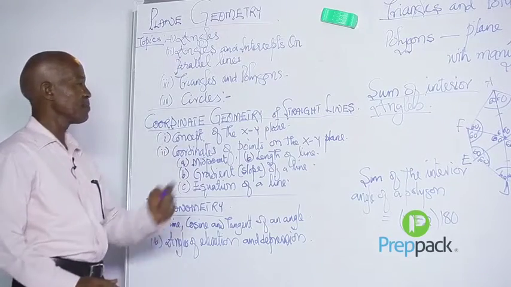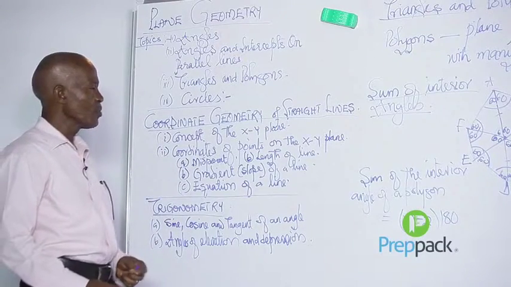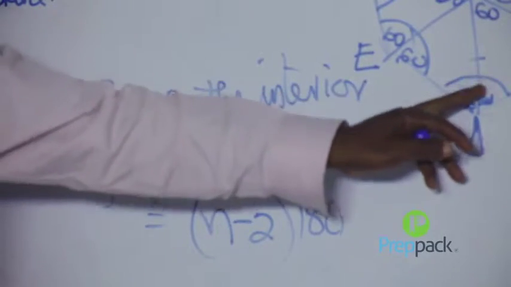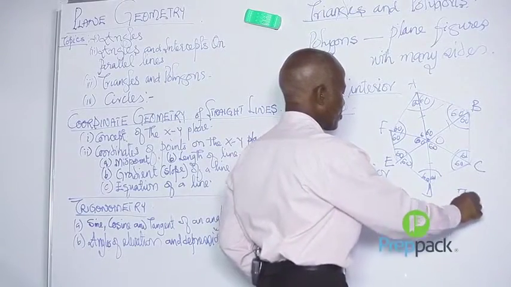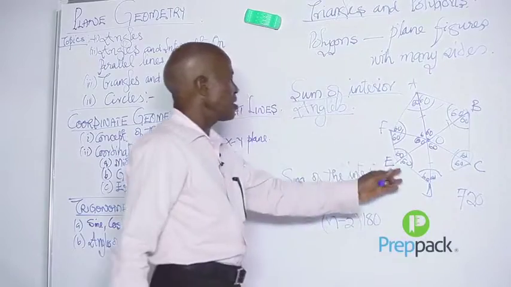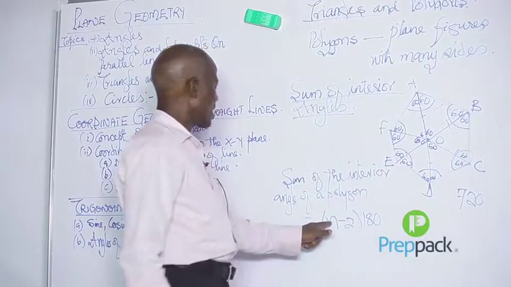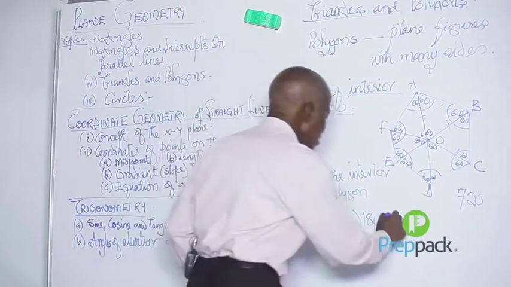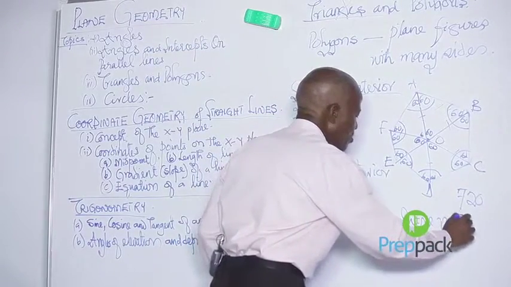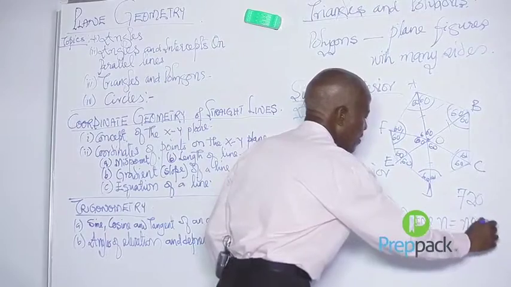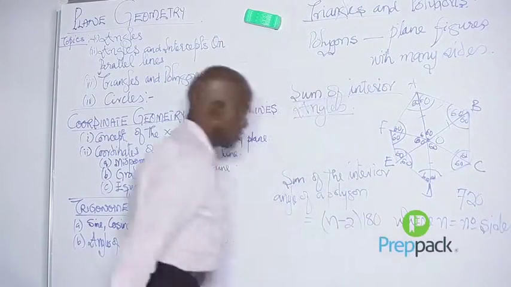So over here, we have 120 times 6. That gives us 720. We have how many sides? Six sides. So it means that our n, where n equals the number of sides. Okay.